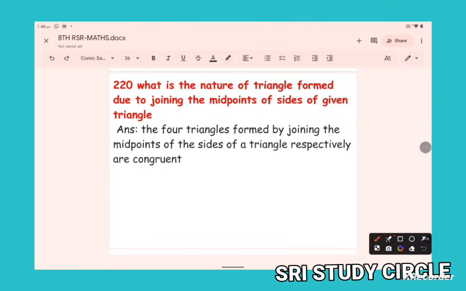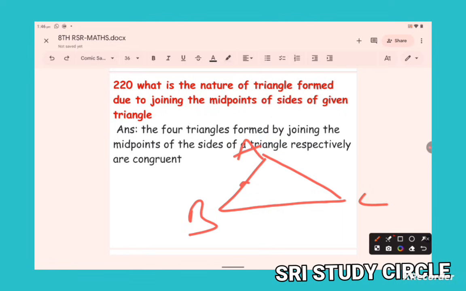What is the nature of the triangle formed by joining the midpoints of the sides of a given triangle? This is triangle ABC. Midpoint of AB is T, midpoint of BC is E, midpoint of AC is F. Now joining all these midpoints, this can divide the whole triangle into four equal parts or four congruent triangles.